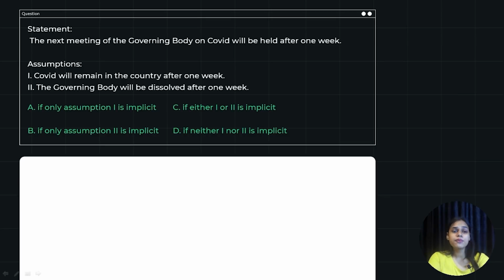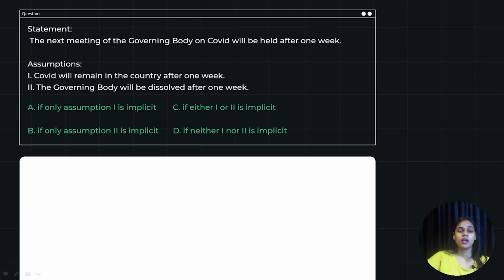Okay, let's move ahead. Now we have another assumption based question. Statement: the next meeting of the governing body on COVID will be held after 1 week, right? So yes, again, you know the drill. Pause the video, solve it, and then we'll see the answer together. Okay, let's start solving the question now.